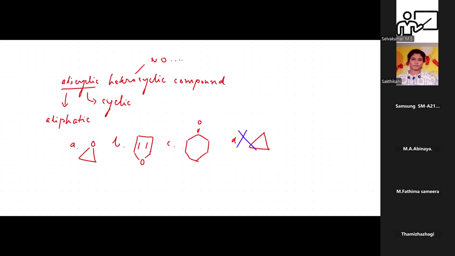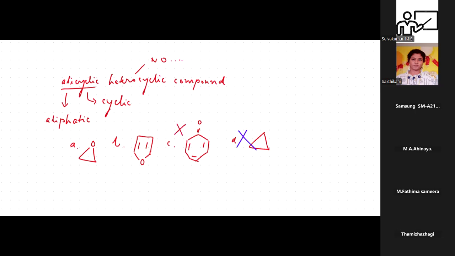And next, you take this. This is a heterocyclic compound, but it is aromatic. Alternate single and double bonds are there. Delocalization is possible. It is aromatic. So this is not the answer.